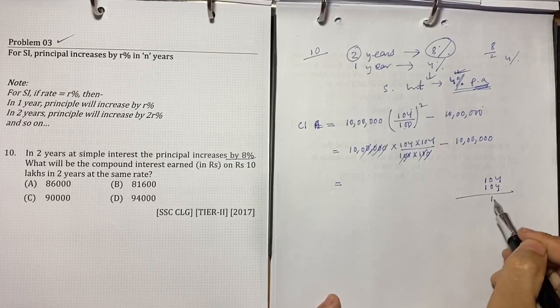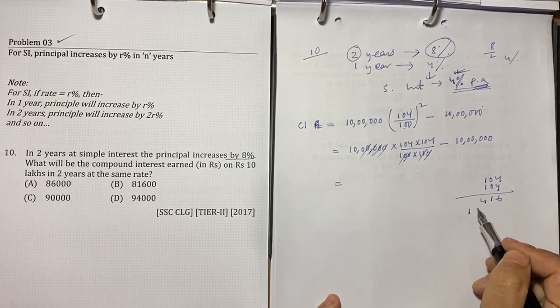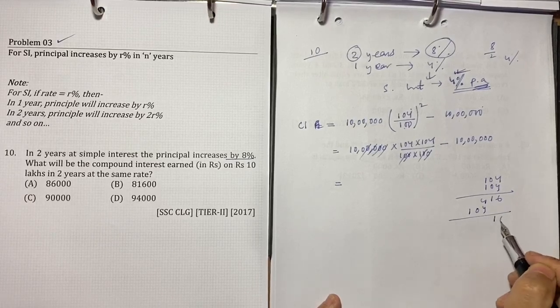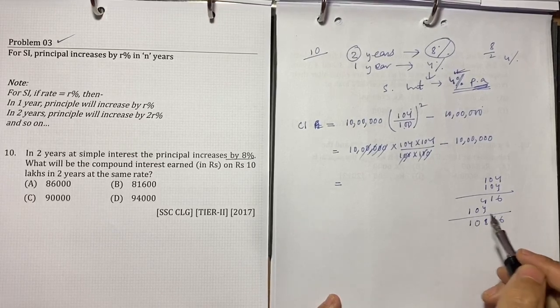So this will be 104 into 104, which will be 10816.